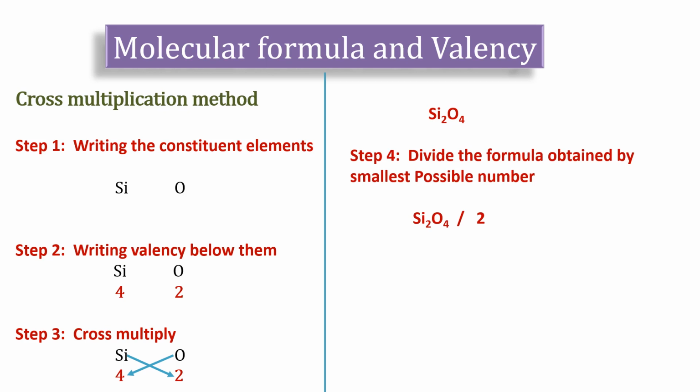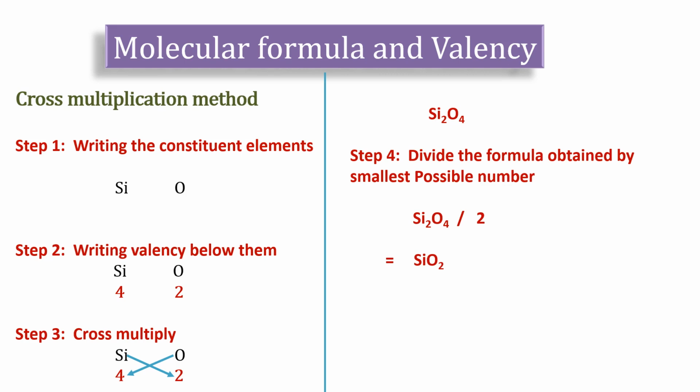Now the last step is you have to divide this formula by the smallest possible number. Here the smallest possible number is 2. So can we divide Si2O4 by 2? Yes, we can. So the answer is SiO2. And this is the molecular formula of silicon dioxide.